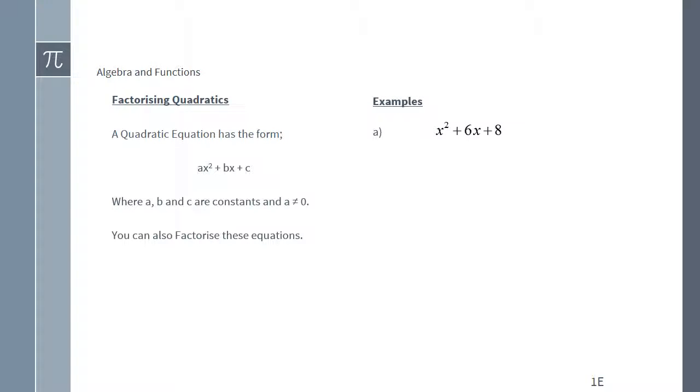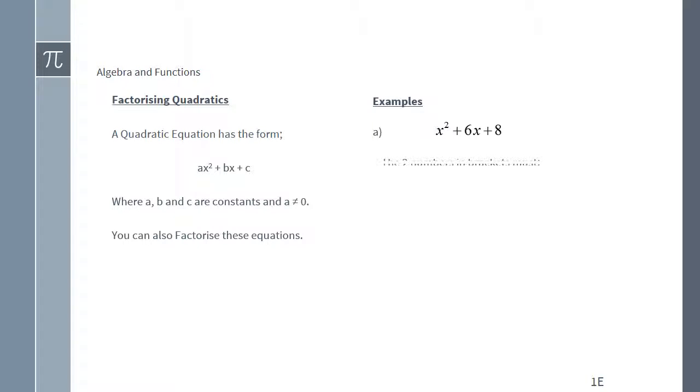A quadratic equation has the form ax squared plus bx plus c, where a, b and c all have to be constants and a cannot be equal to 0. We can also factorise these equations. So here's some examples. x squared plus 6x plus 8.